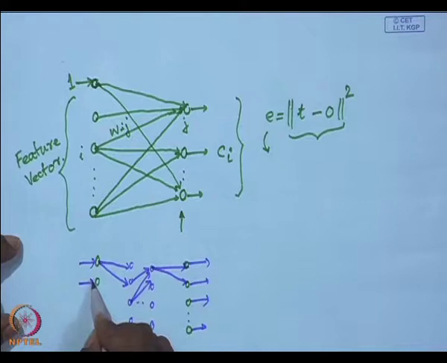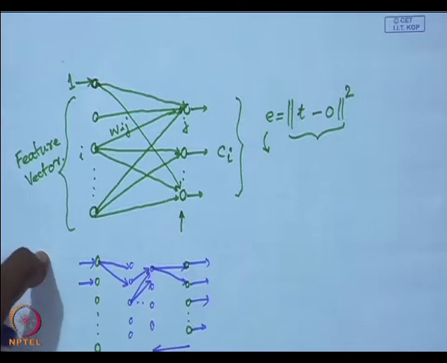However, the training for this backpropagation neural network was the same as for a single layer perceptron. That is, for a known feature vector which is input to this neural network, we know what the target output is. And when the neural network is not properly learned, we get an output for the same input feature vector which is not the same as the target output.